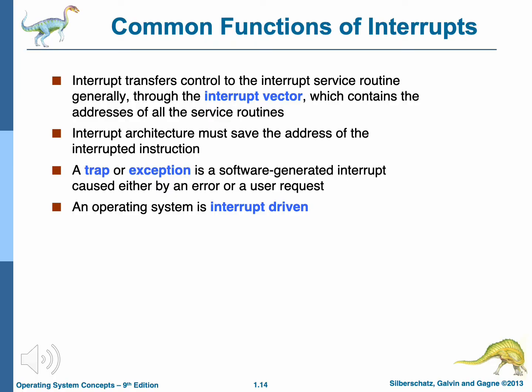The interrupt architecture must also save the address of the interrupted instruction. Many old designs simply stored the interrupt address in a fixed location or in a location indexed by the device number. More recent architectures store the return address on the system stack.